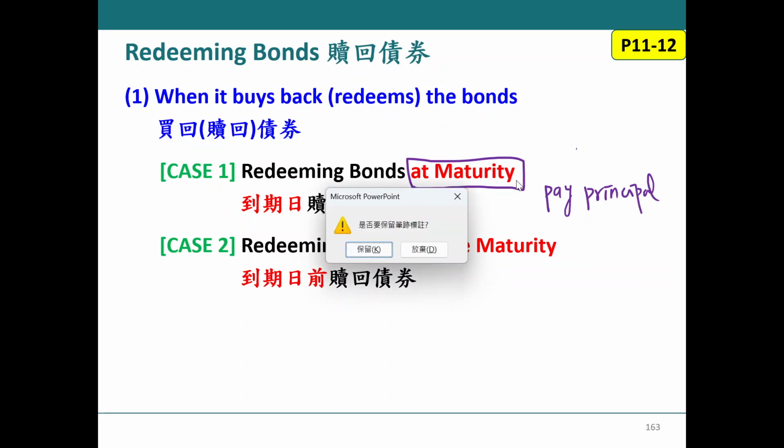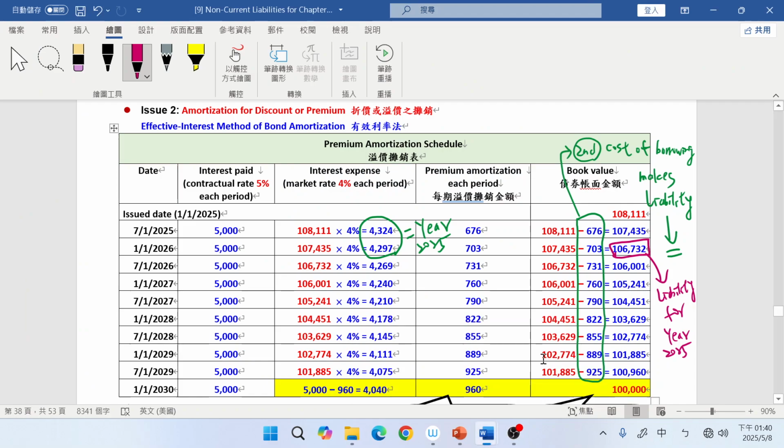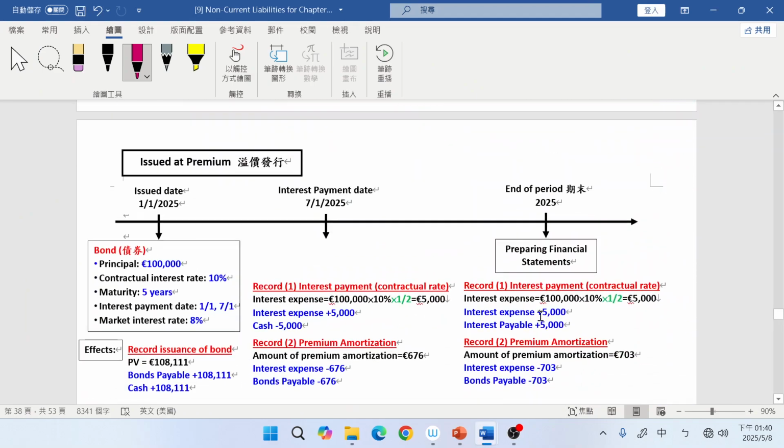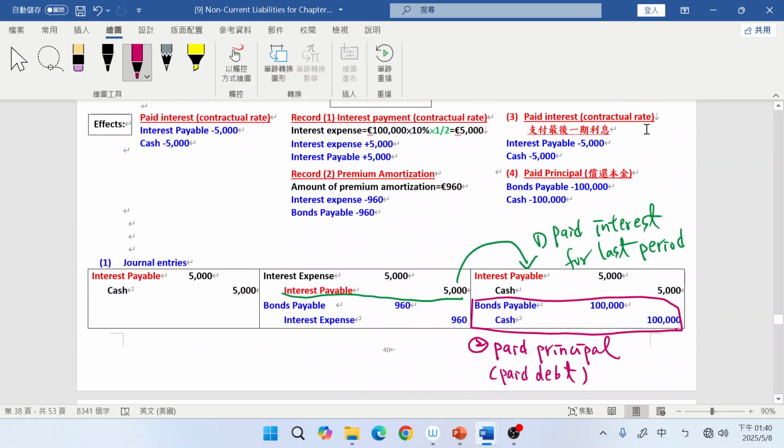So at the maturity date, when you want to pay the money back, I mentioned at the beginning on your note, page 40. On your note, page 40, right here, at the maturity date, when you pay the principal, don't forget your interest for the last period. Always some of you will forget it, so don't forget it.